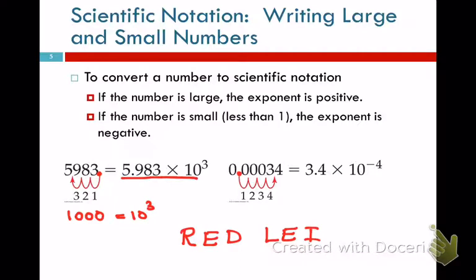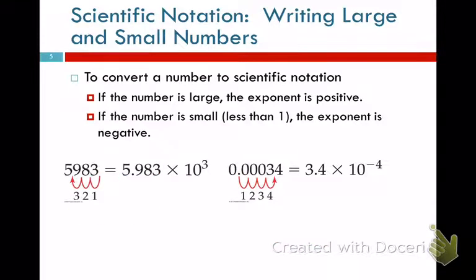You know what a lei is? The thing you get to wear when you go to Hawaii. Yeah, right. Right, the exponent decreases. Left, the exponent increases. Fairly straightforward. So let's practice.